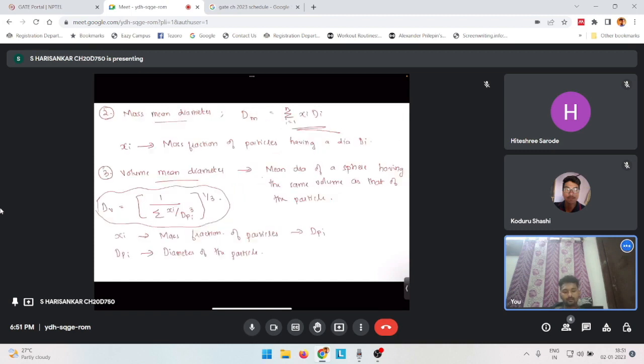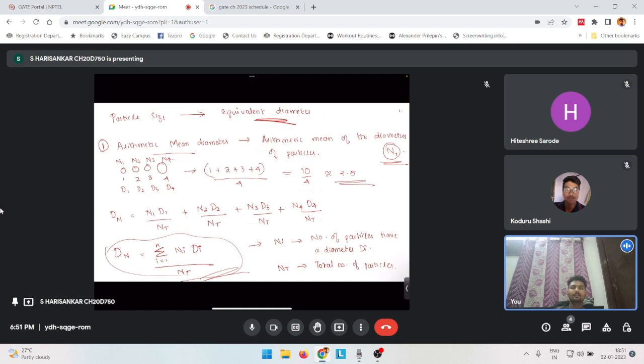Now, on the other hand, the arithmetic mean diameter is basically the arithmetic mean of the various diameters that the mixture of particles has. The example that I gave here is, let's say you have four different kinds of particles, represented as these four spheres. Let N1, N2, N3, N4 be the number of these particles available in the mixture, and D1, D2, D3, D4 be the diameters of these particles.